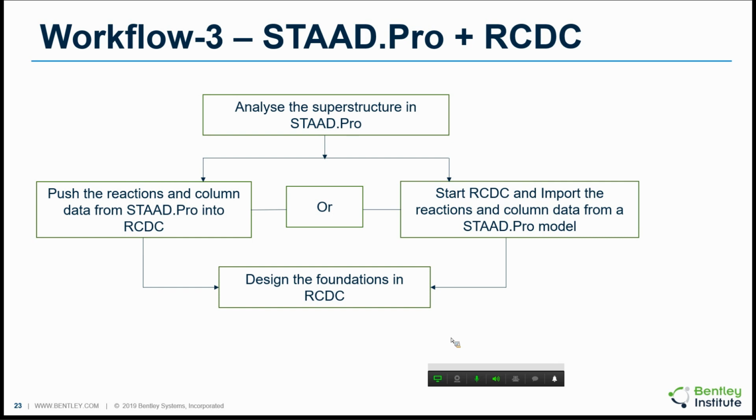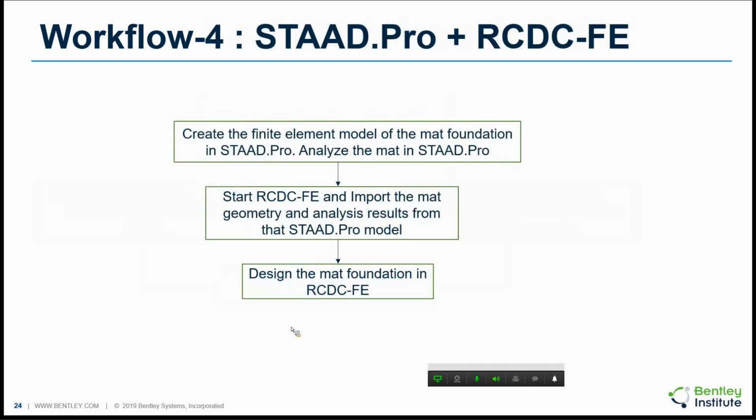So essentially what we are doing here is analyzing the superstructure in StatPro. We can either push the reactions by launching RCDC from StatPro, or we can start RCDC and import the reactions. And once the data comes in, we will then do the foundation design. I will demonstrate this workflow to you in just a few minutes.